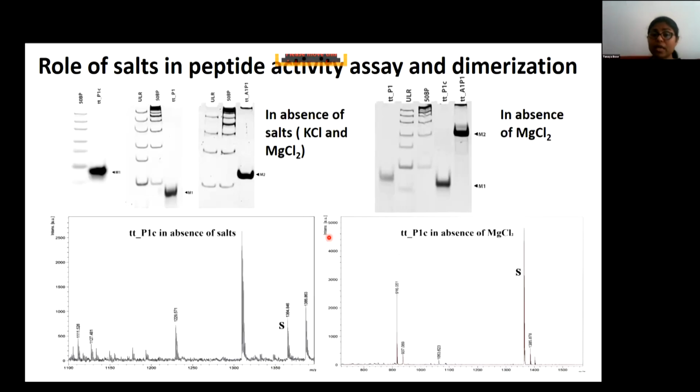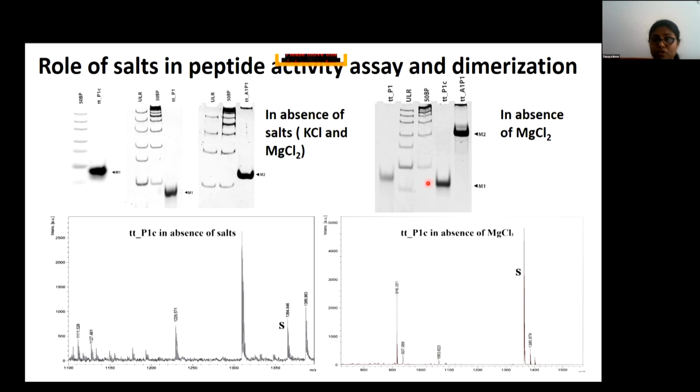Now, to further understand the role of dimerization in peptide activity, we tried to understand the role of salts. In absence of salts, potassium chloride and magnesium chloride, which were used in the reaction mixtures earlier, we saw that they do not form dimers.